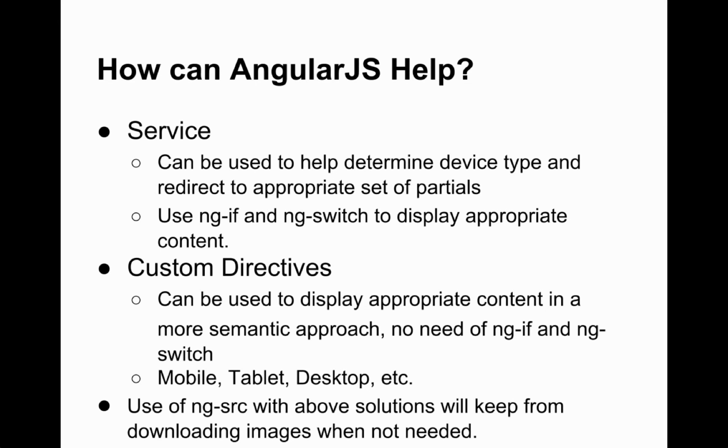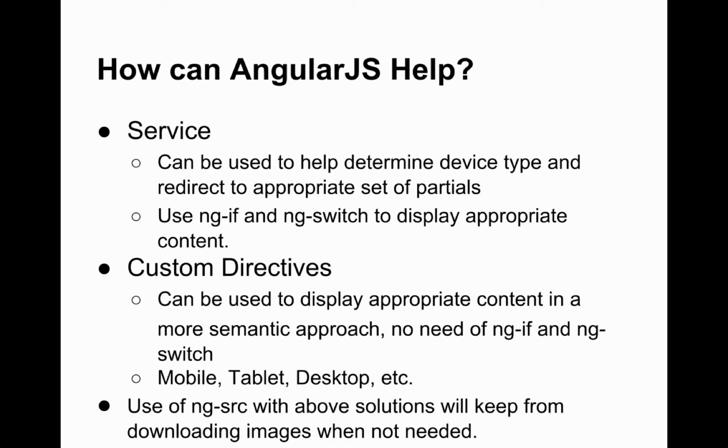So we can actually use Angular to help us solve these two problems. One is if we go down the CSS media query route, then we can use AngularJS to hide that data so it never gets pulled down on your smaller devices.